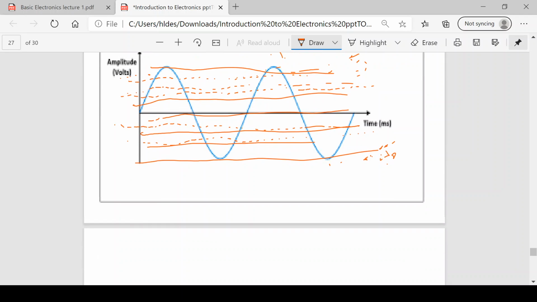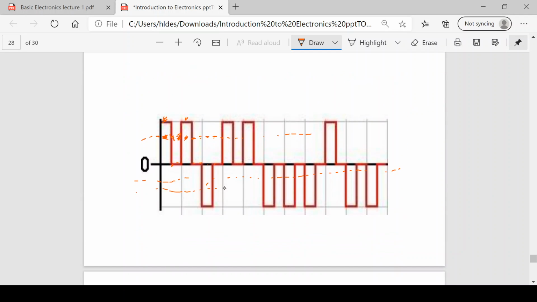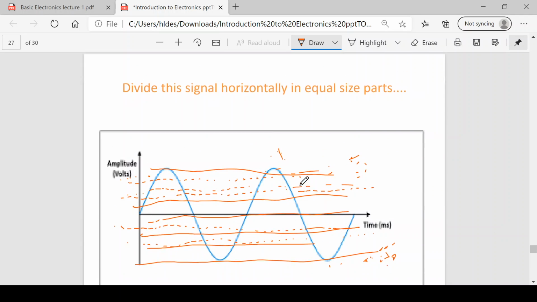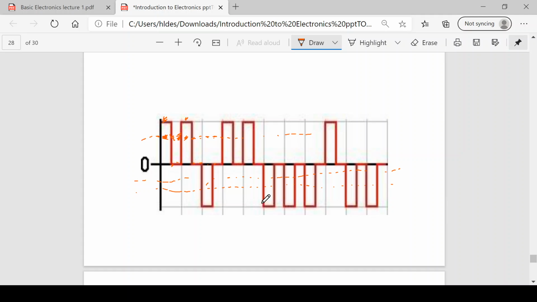But in this case, wherever you draw a line, the amplitude indication will have only two values, either high or low. So the second signal has finite levels of amplitude, and the first signal has infinite levels of amplitude. Let's take another example.